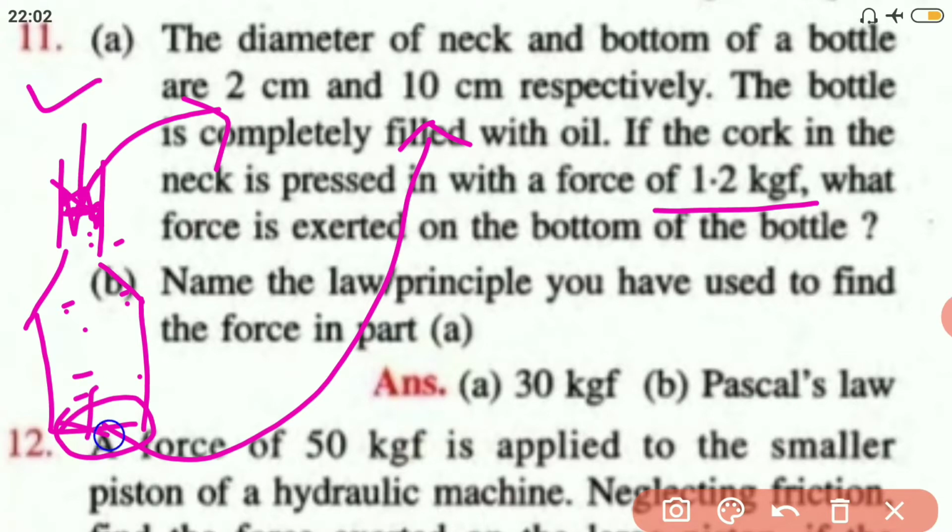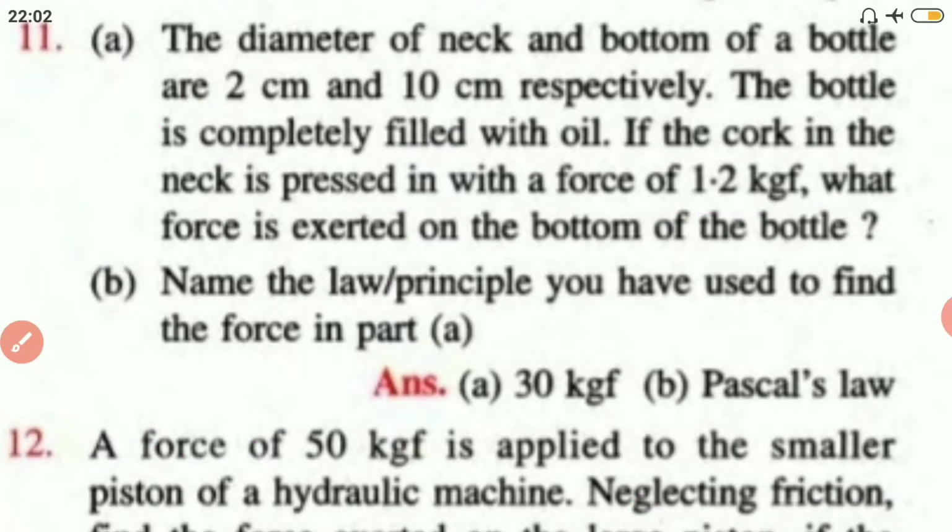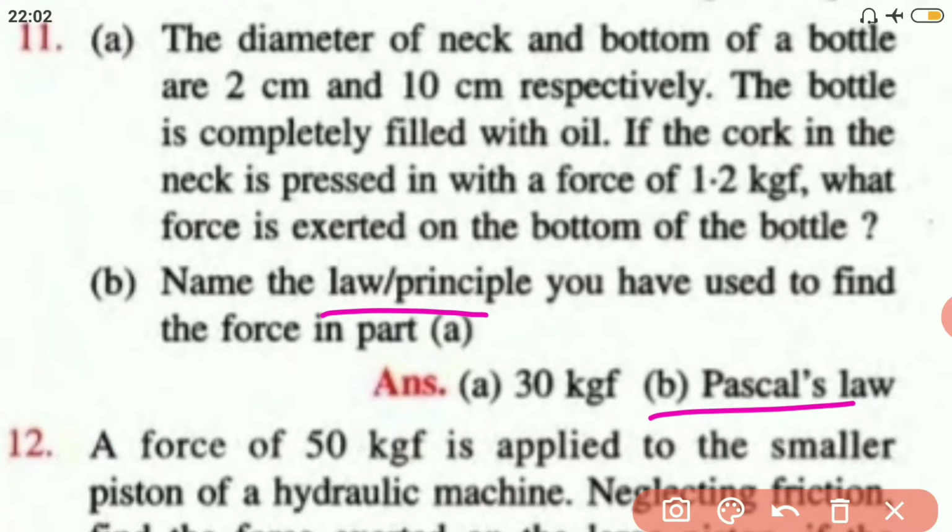That is our question. Part B: name the law or principle you have used to find the force in part A. I think you can guess it should be Pascal's law, the only law and principle we have studied in fluid pressure. Now let us go to the solution of number 11.